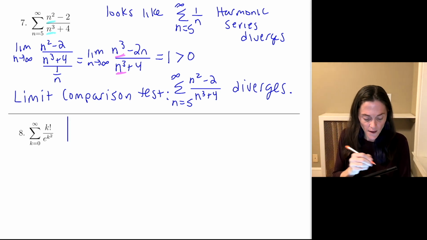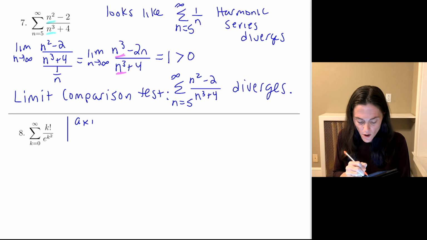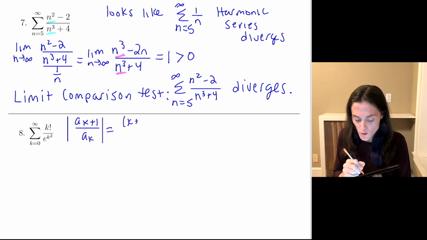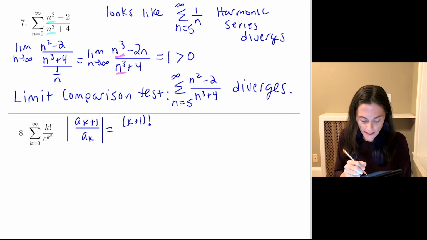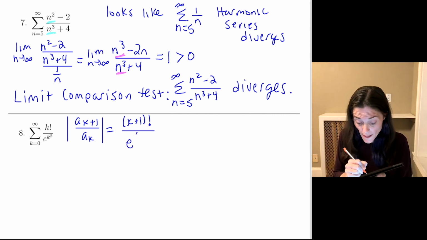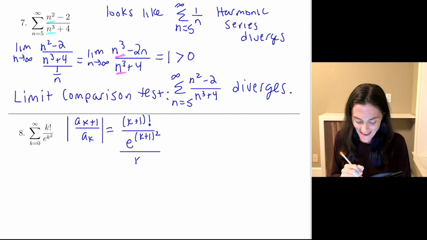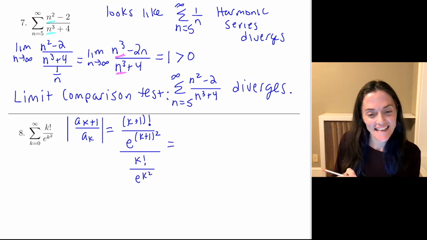We take an absolute value, a_{k+1} over a_k. We have k plus 1 factorial. In my denominator, we have e raised to the quantity k plus 1 squared. And then here we have k factorial over e to the k squared. Invert, multiply, line things up.